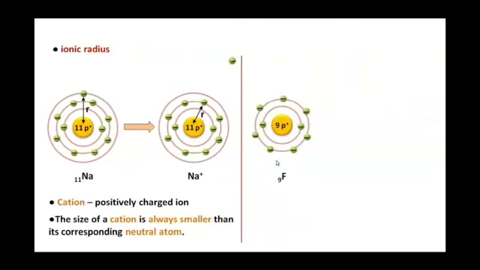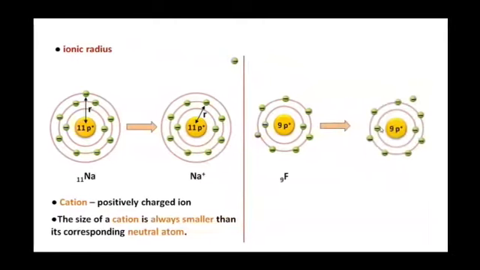On the other side, let's take fluorine. Its atomic number is 9. 9 protons and 9 electrons. So, it's neutral. We are going to add one electron in the fluorine atom.